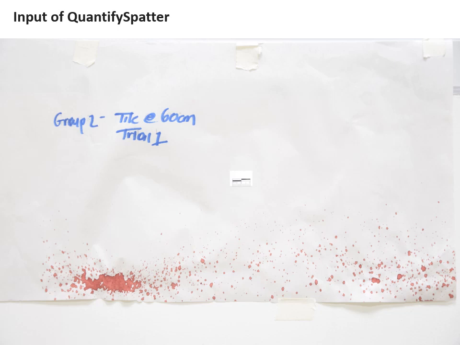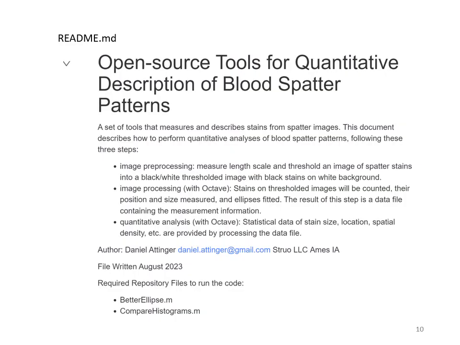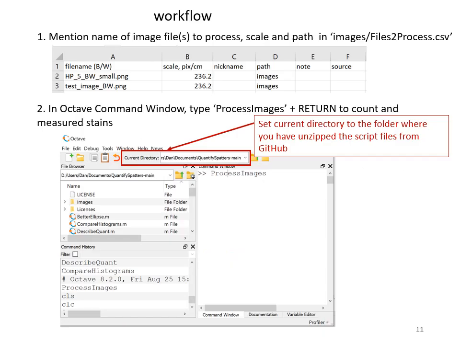And then the output. In order to produce the output, the tool comes with a README file, a set of comments and instructions on how to use the tool. I'm not promising that it's super easy to use and works right out of the box, but I wrote an extensive documentation on how to use this. The workflow to run these Octave scripts is relatively simple.